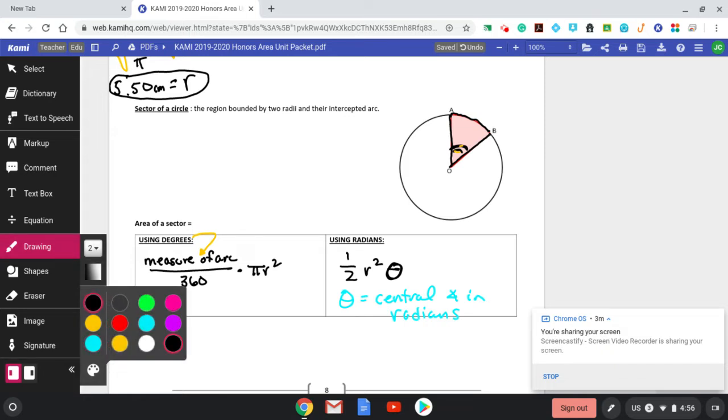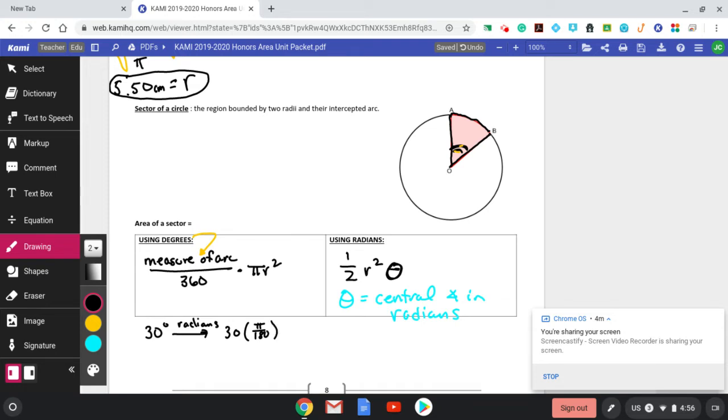So quickly, if I had 30 degrees and I wanted to turn that into radians, because you wanted to use the 1/2 r squared formula, you would multiply it by pi over 180. Reduce that fraction and it would be pi over 6.